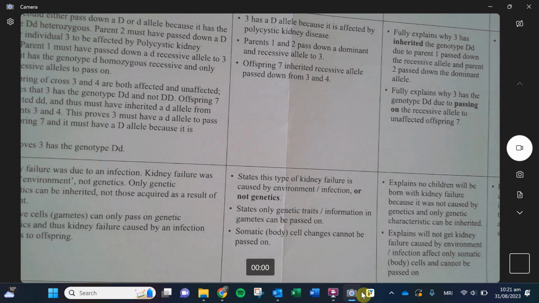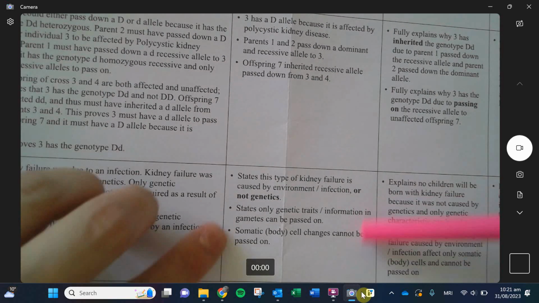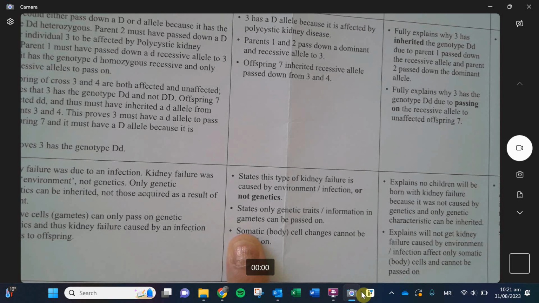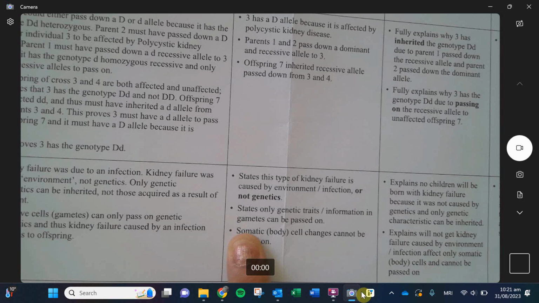Other things to keep in mind is breaking down the reasonings to why. So you could state that genetic traits are only passed on through the gametes, and this infection is not the result of any sort of alteration in genetics. It was just because of the environment, you've been exposed to that pathogen, that bug that causes the kidney infection.